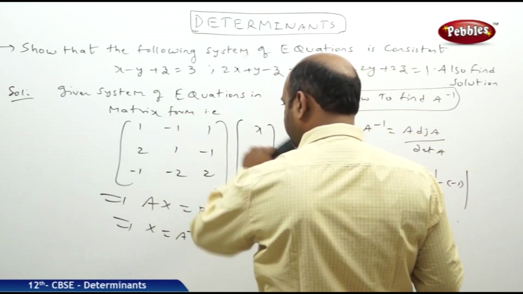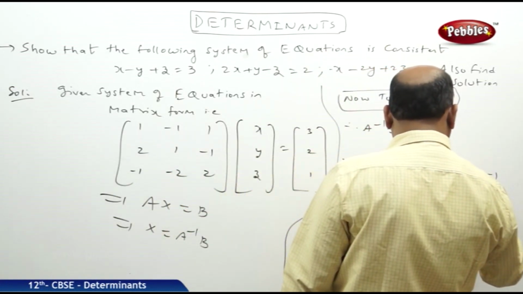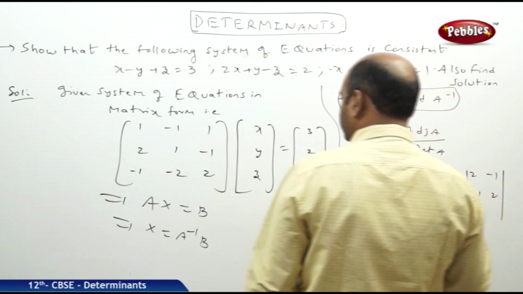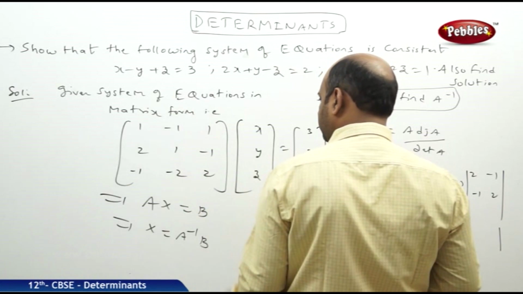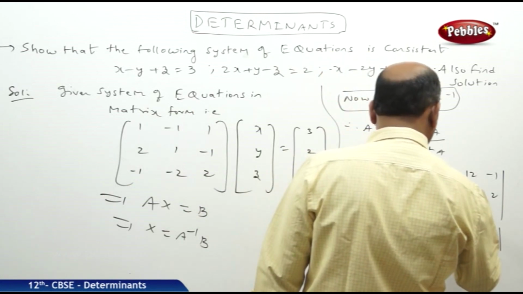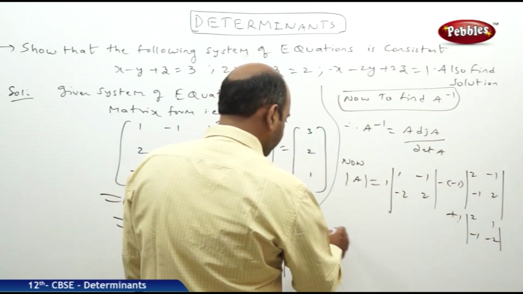Minus of minus 1 into its minor means 2 minus 1 minus 1 2, and later plus 1 into its minor. Plus 1 into its minor means 2 1 minus 1 minus 2.